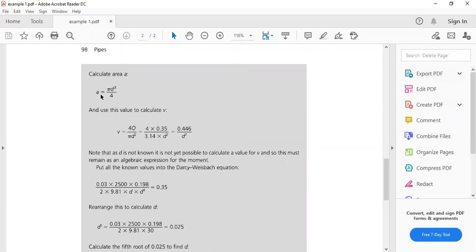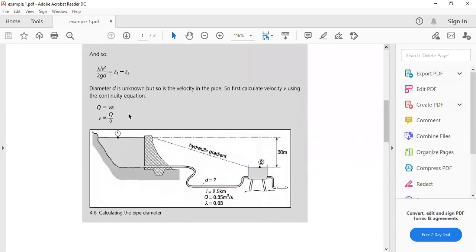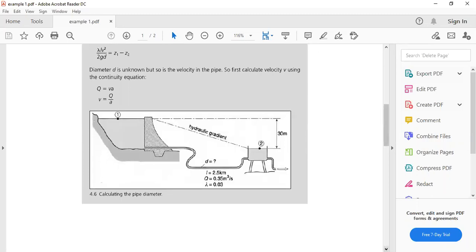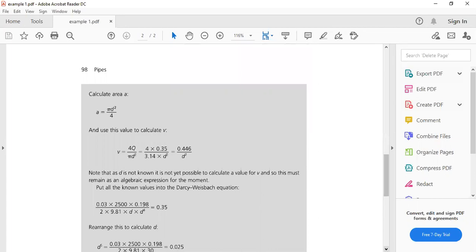And so we are still using this equation. So this velocity is unknown, and that's the one we want to replace in that equation.